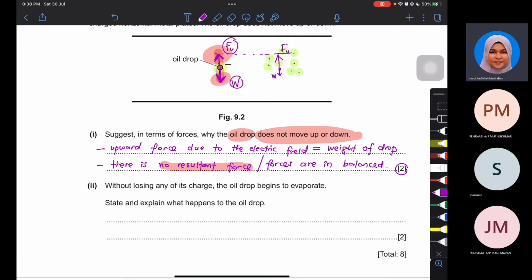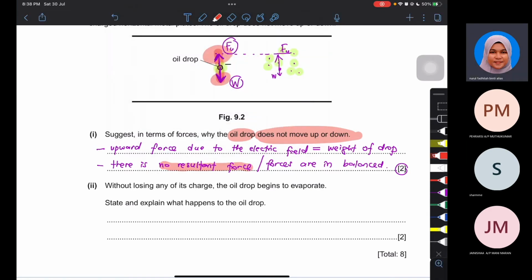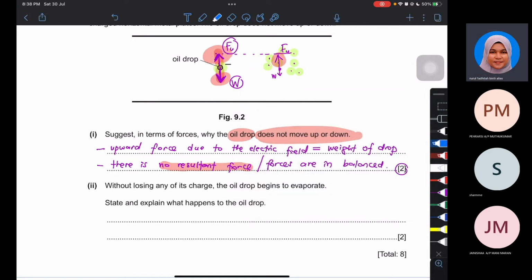So you see it is no longer balanced. Now the upward force is greater, longer, and the downward force W is shorter.